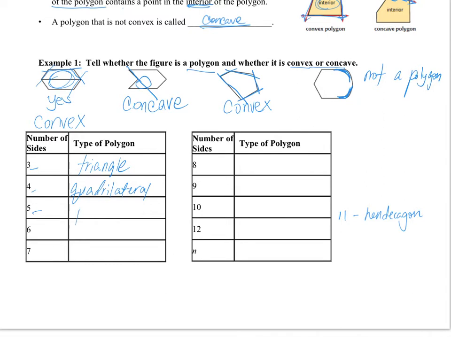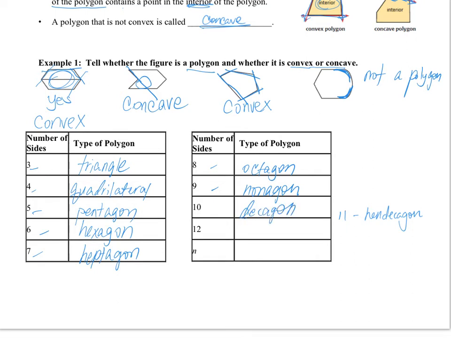Then the pentagon, hexagon with 6 sides, and 7 sides, heptagon. With 8 sides, octagon. 9 sides, nonagon. 10 sides, decagon.